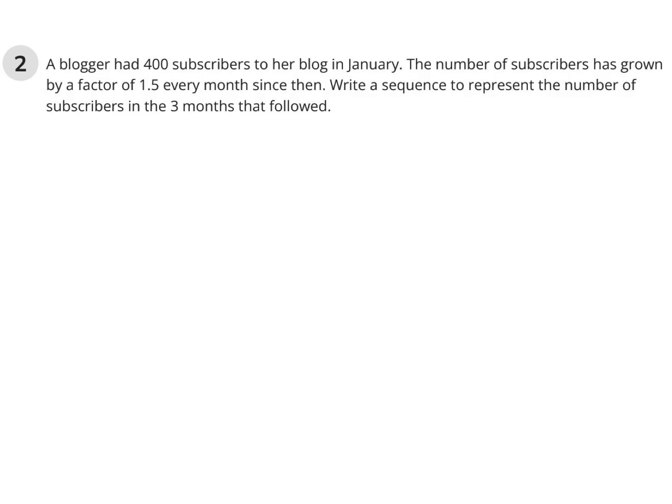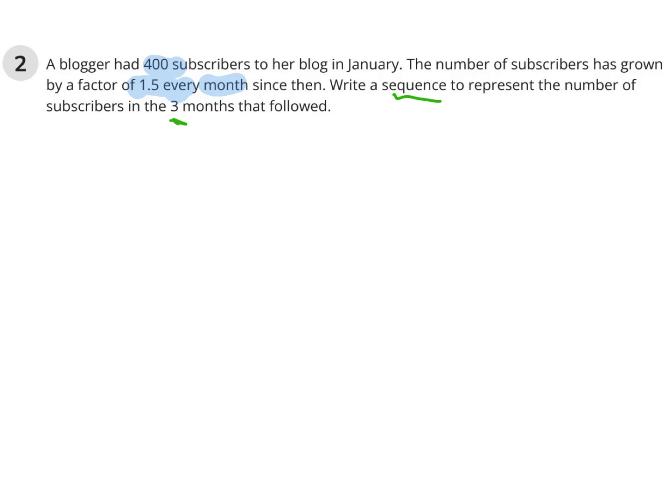A blogger had 400 subscribers to her blog in January. The number of subscribers grew by a factor of 1.5 every month since then. Write a sequence. So our instructions are to write a sequence to represent the number of months, 3 months. Okay, so we have to start with our numbers.